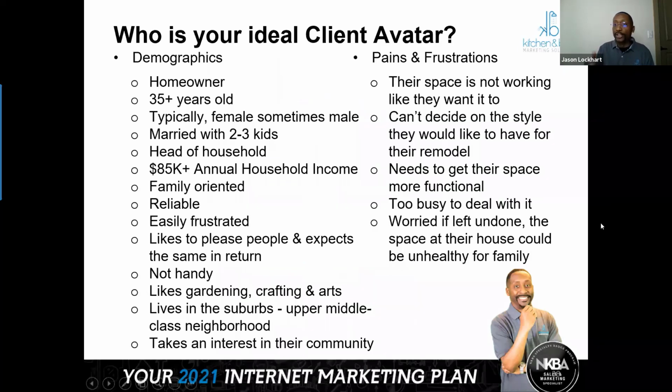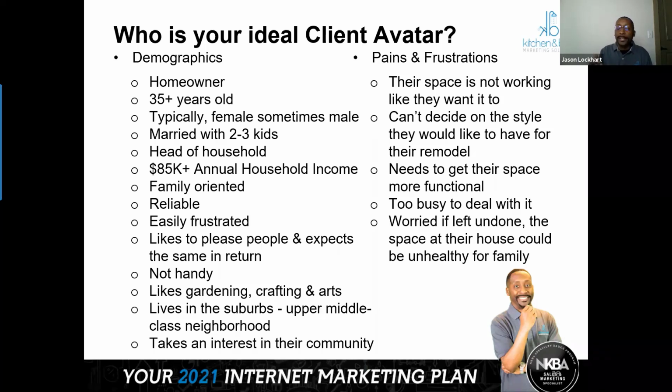There are a few examples here from the same client that filled theirs out. Theirs was a homeowner, 35 years of age, typically female, married with 2 kids, head of household. The average income was about $85,000 a year, family oriented, reliable, and on and on.